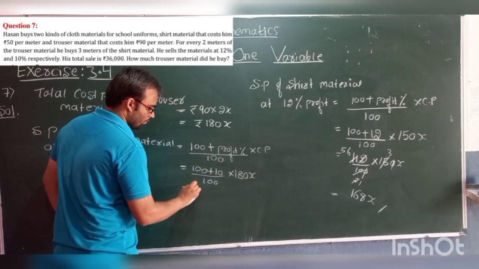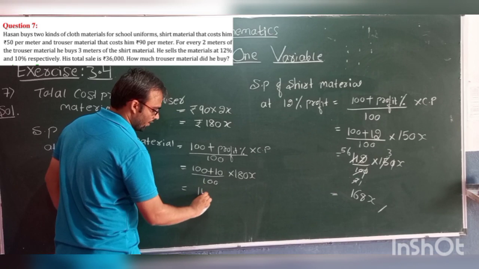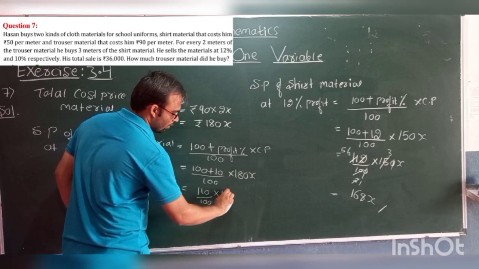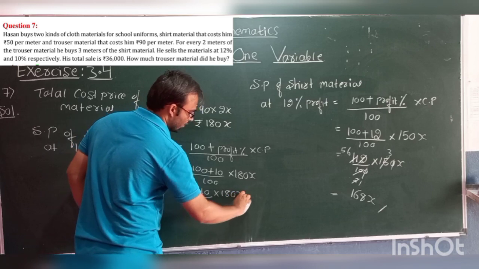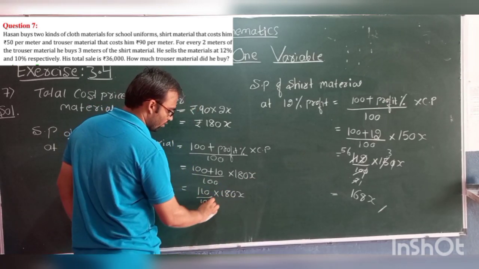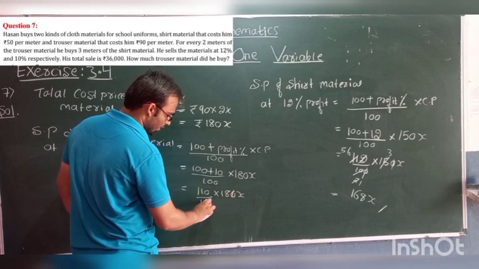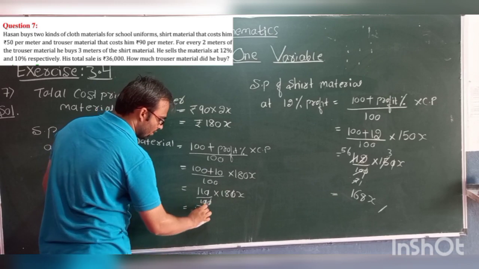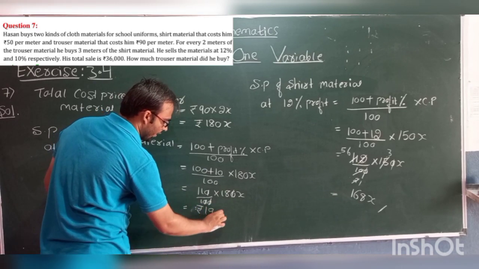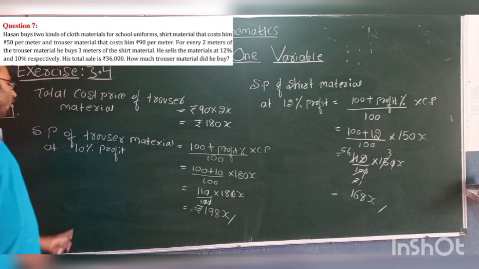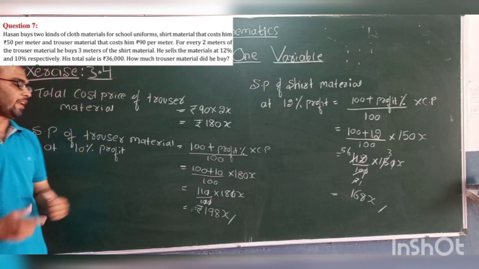Okay. 100 plus 10 is what, students? 110 divided by 100 into 180x. As I told you, 180x is nothing but 180 into x. So 0, 0 gets cancelled. 11 into 18x is what, students? It is rupees 198x. So this will be the selling price of trouser material at a profit of 10%.